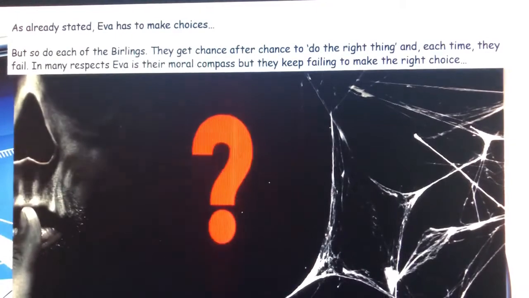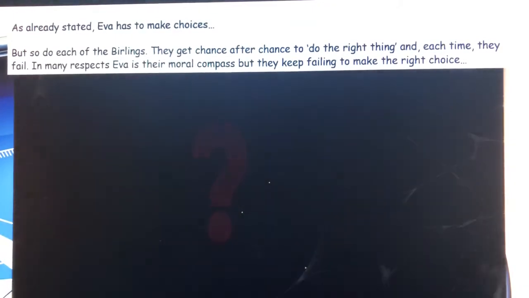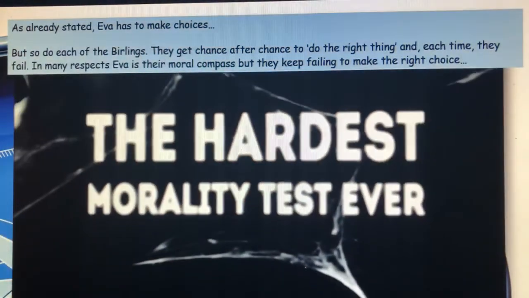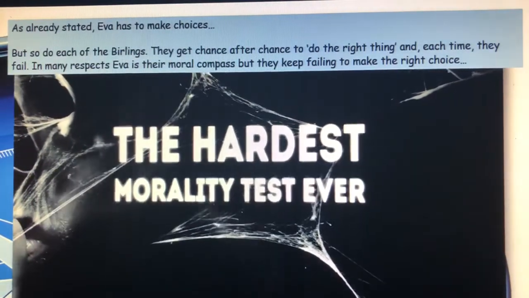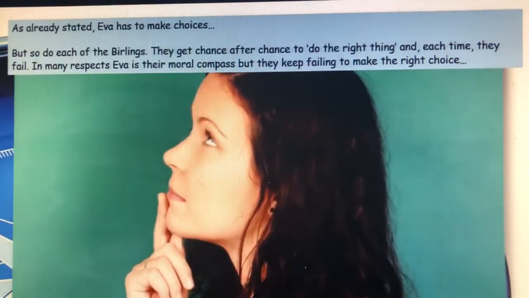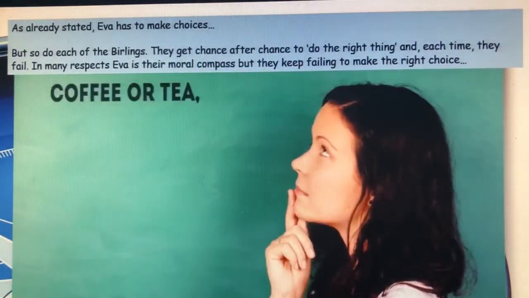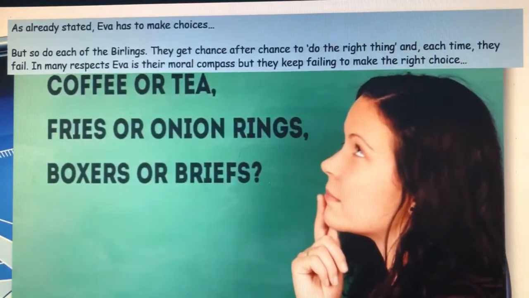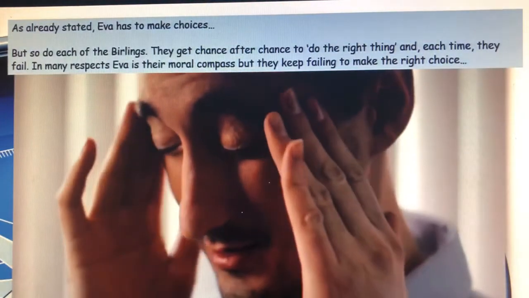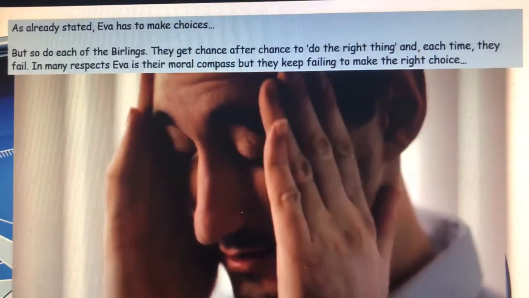Should you or shouldn't you? The hardest morality test ever. Some choices are pretty easy. Coffee or tea, fries or onion rings, boxers or briefs. Others, however, are so hard that they seem almost impossible to make.